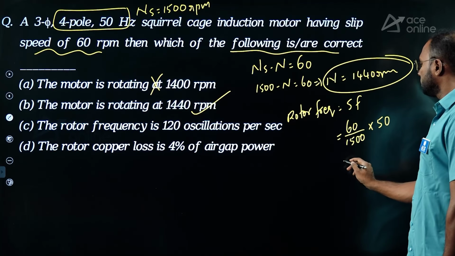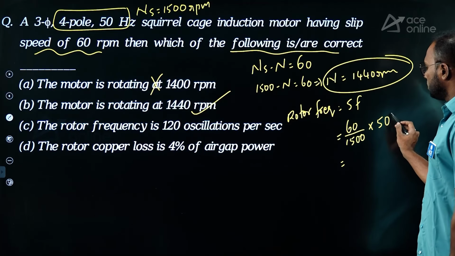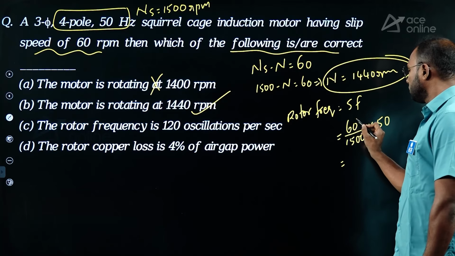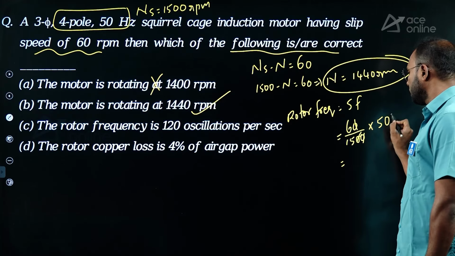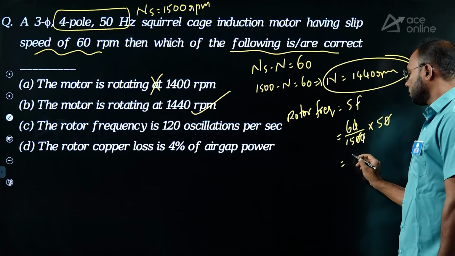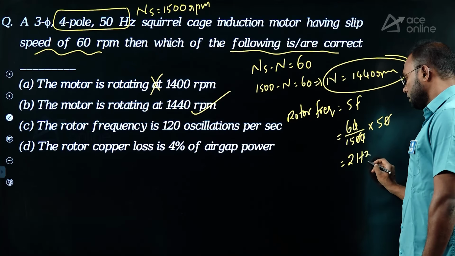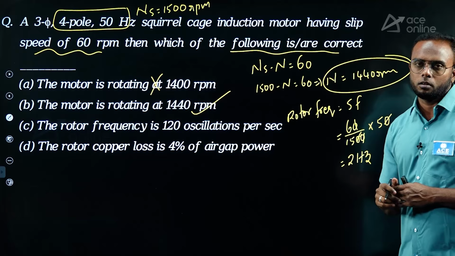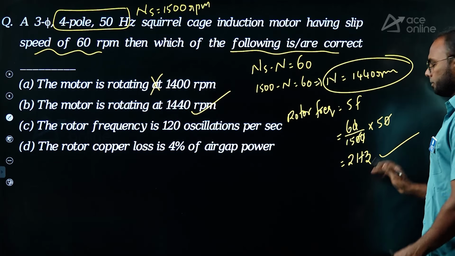Now simplify this. 50 into 1, the 0 cancels, the 0 cancels here. 5 3s, 3 2s, 2 Hz it is. 2 Hz. This is the rotor frequency, 2 Hz.